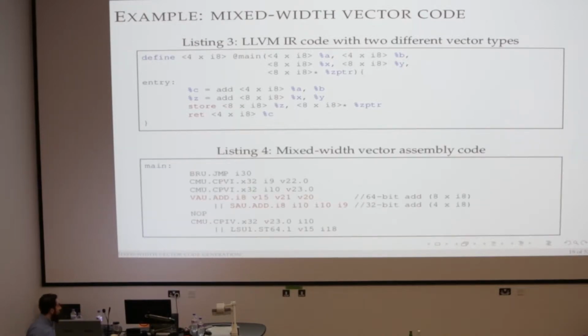What we get out of the compiler is the following assembly code. I would like to draw your attention to this line, which shows that we have a 64-bit vector computation on the VAU unit in parallel with a 32-bit vector computation on SAU.